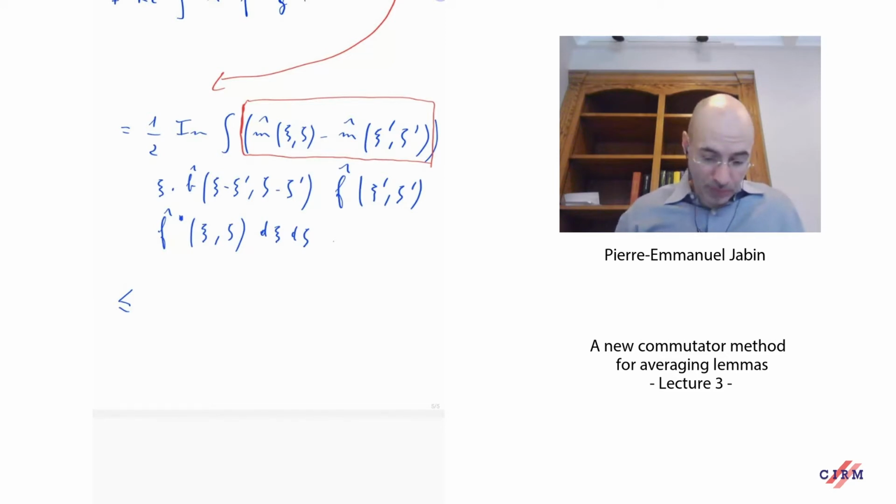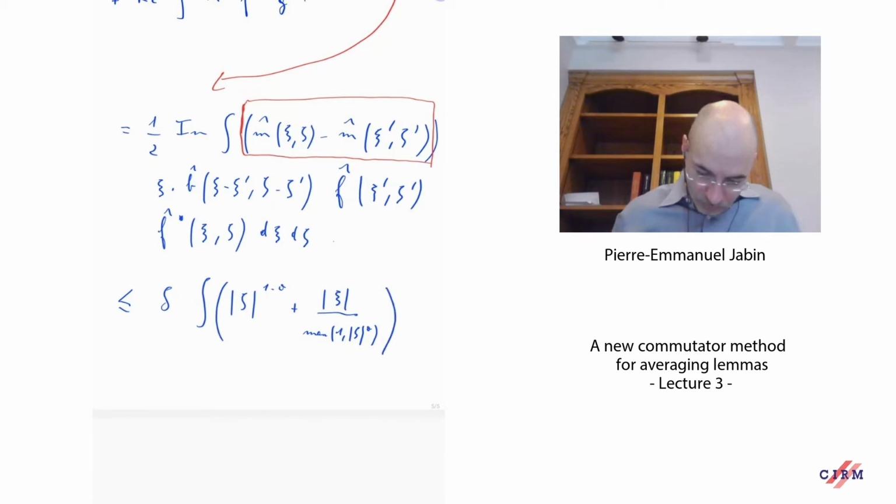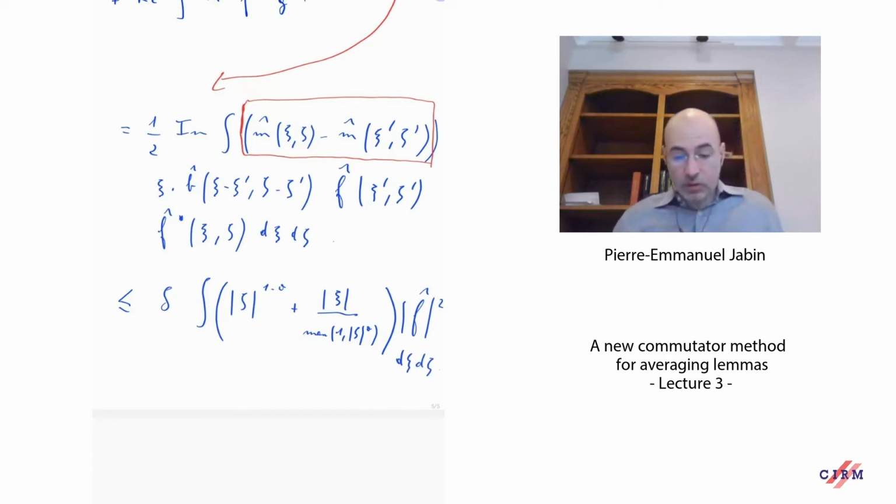And you'll get something which is delta, the delta that was in the theorem, right? And then now, also, I don't want to give you the detail of the calculations.